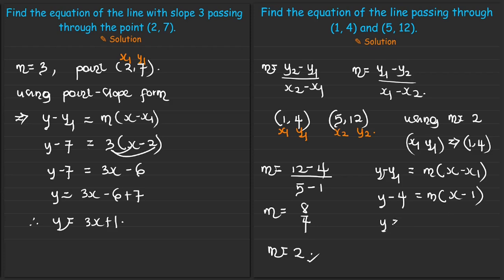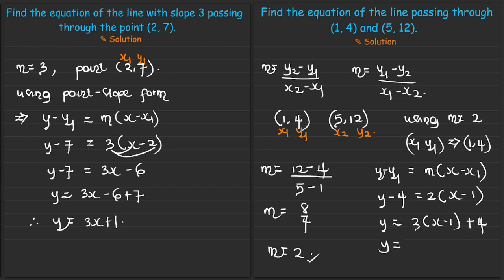So our y is equal to what? Take note, we had our m, so we could have as well just substituted our m right away. So m is 2. So I'm going to get 2 into bracket x minus 1. Then the 4 moves to the other side to give us a positive 4.